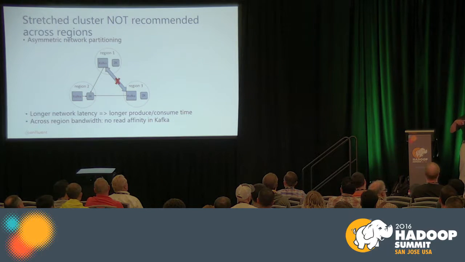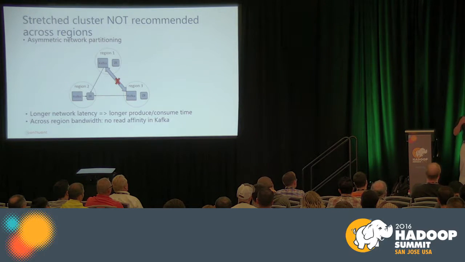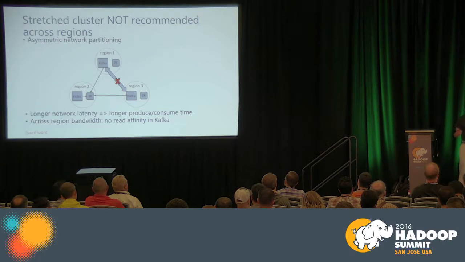Today, in Kafka, the way we detect broker failures is all done through Zookeeper, which means as long as a broker can register to Zookeeper, we think it's still alive, and we think they can communicate with each other without any issue. Now, in this case, what can happen is, let's say the communication channel between region 1 and 2 is fine, and between region 3 and 2 is also fine.